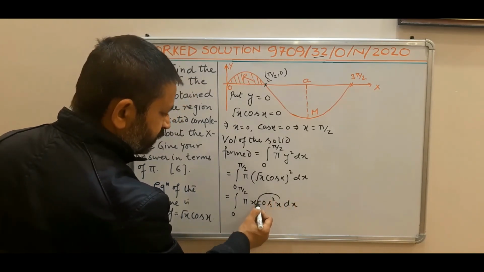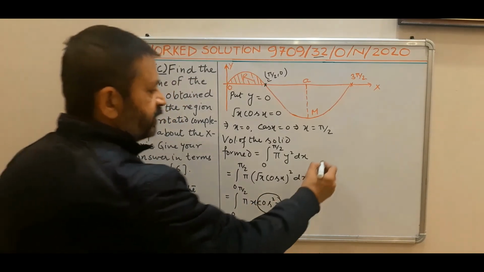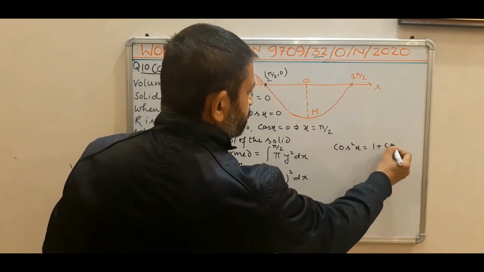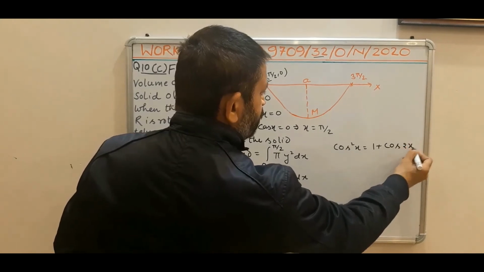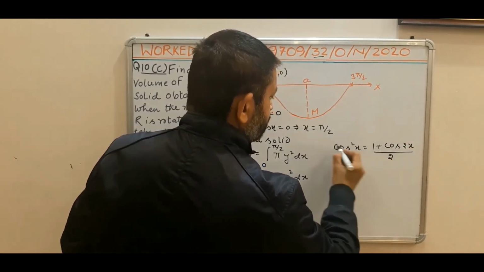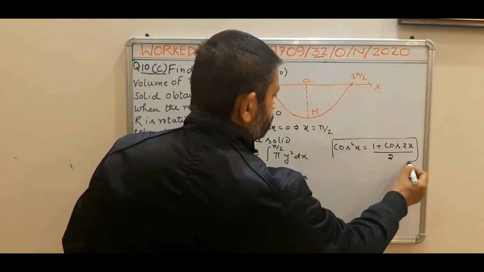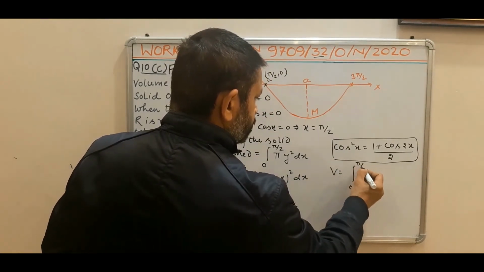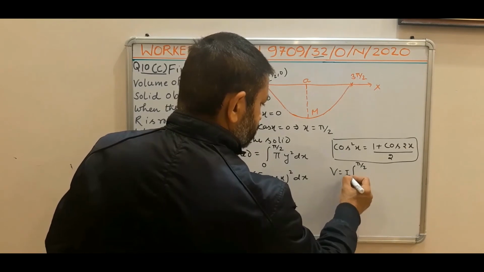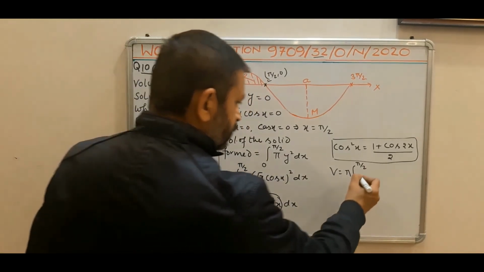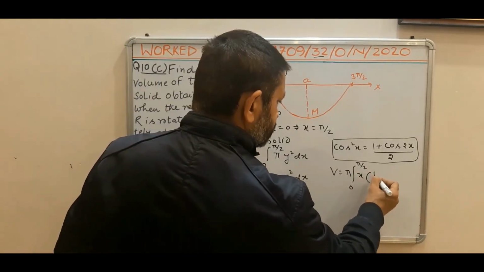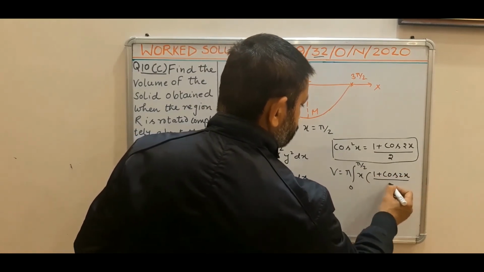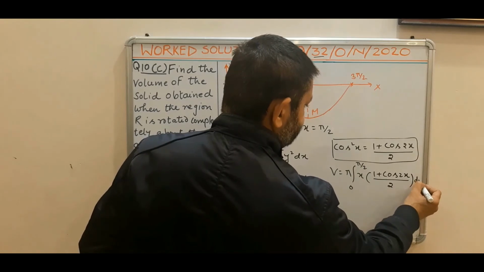Now for cos square x, we'll use the identity. Cos square x is 1 plus cos 2x upon 2. So replace cos square x by this identity so that the volume will become integral 0 to pi by 2. Pi is constant, so we can pull it out. x into, in place of cos square x, we have 1 plus cos 2x upon 2 dx.